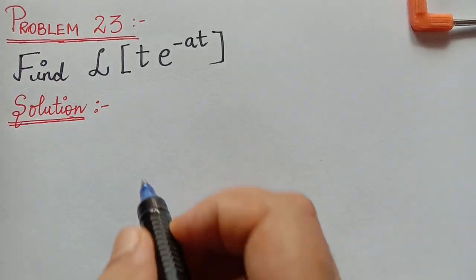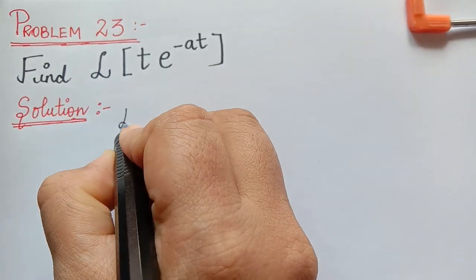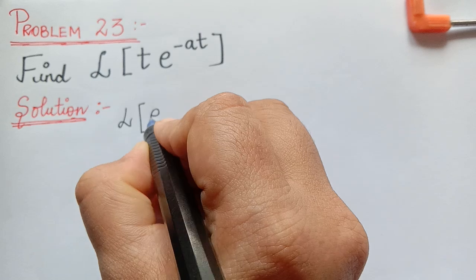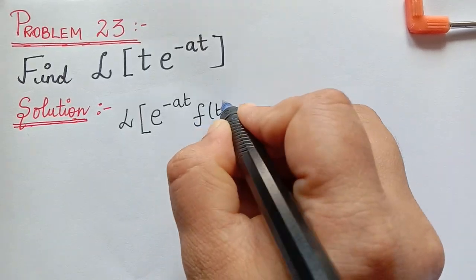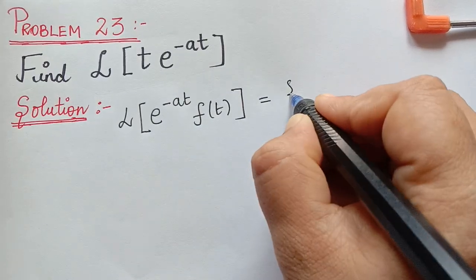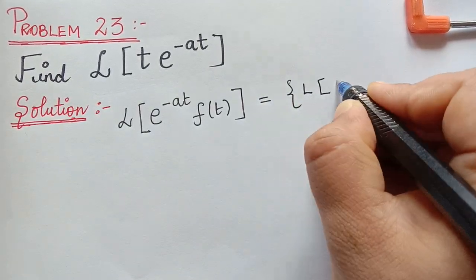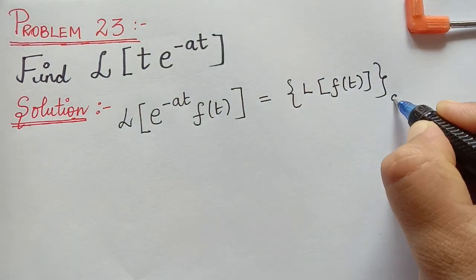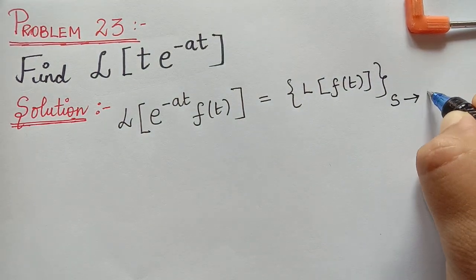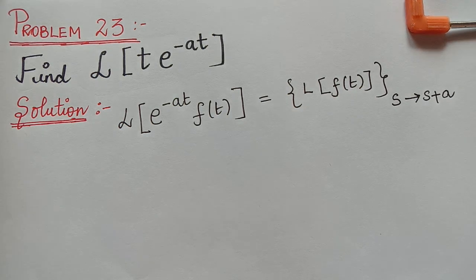According to the first shifting theorem, we know that the Laplace transform of e to the power negative at f of t is equal to, we have to find the Laplace transform of f of t and we have to replace s with s plus a in the solution.